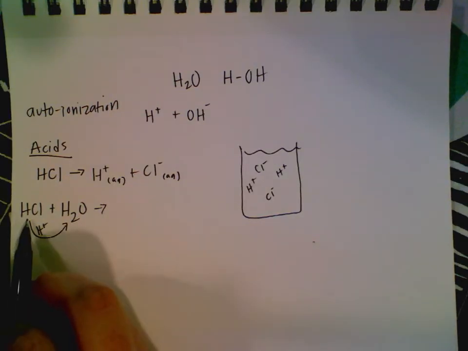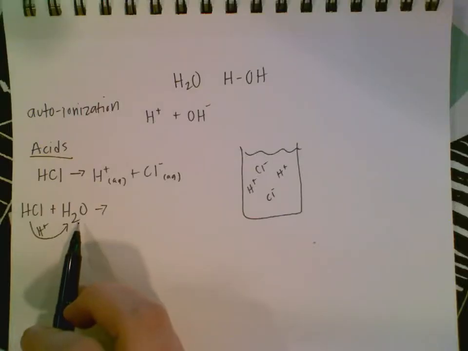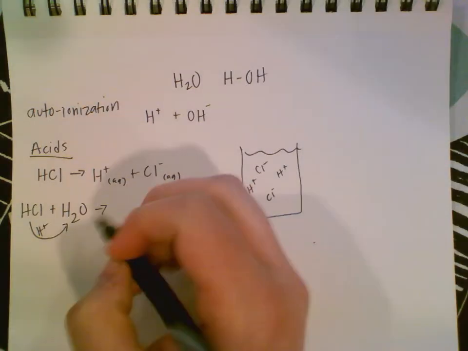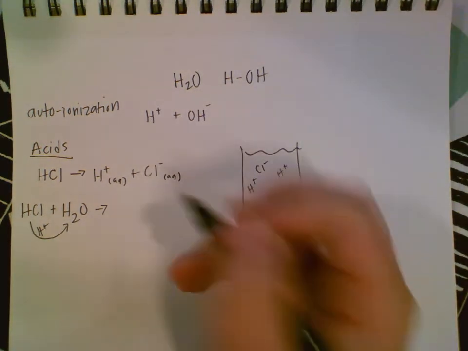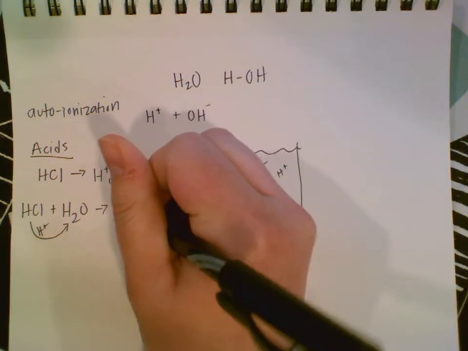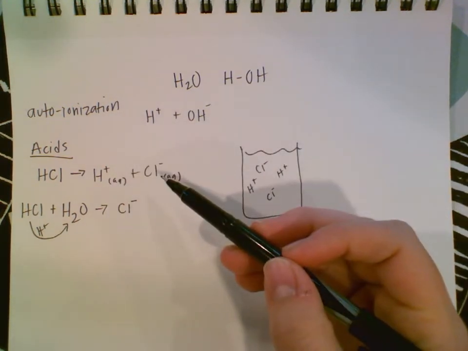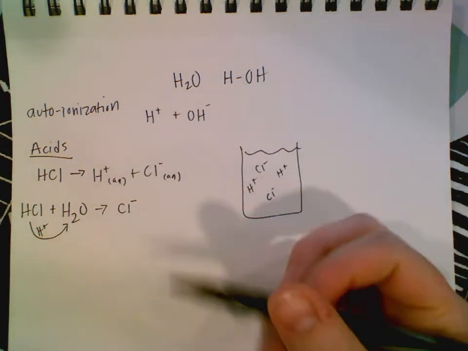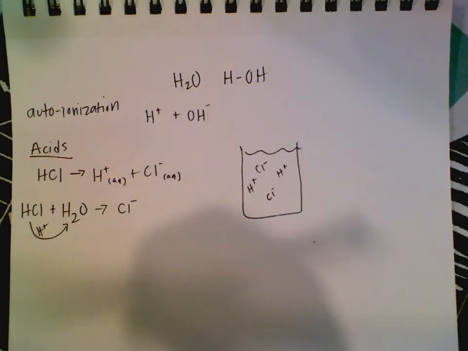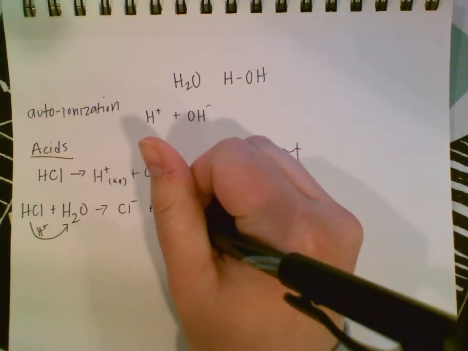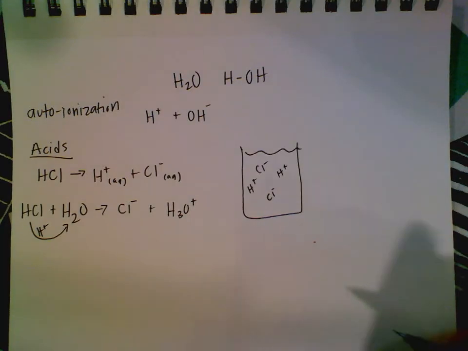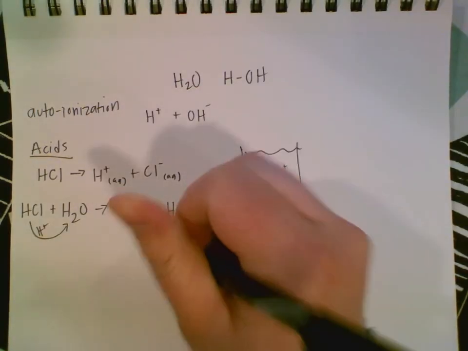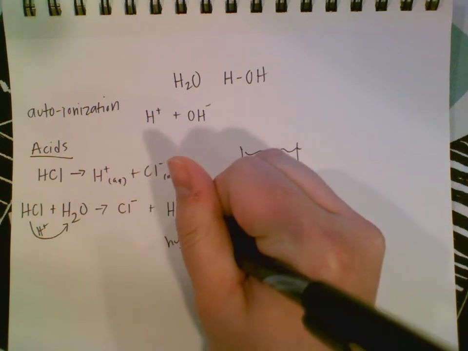So HCl is going to lose its H plus and it's going to go to H2O. When that happens, the H plus is gone from the HCl, and so what we have left is Cl minus, and that's exactly the same as the first equation. But instead of it just making the H plus, the water turns into something called H3O plus. And H3O plus is a special compound called the hydronium ion.